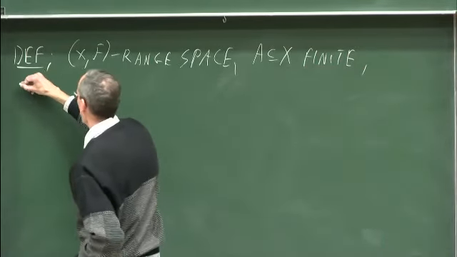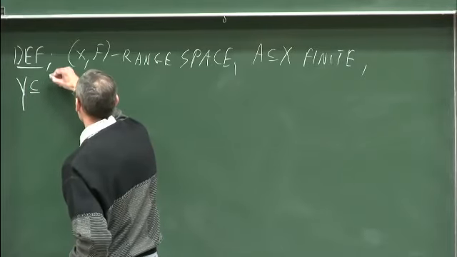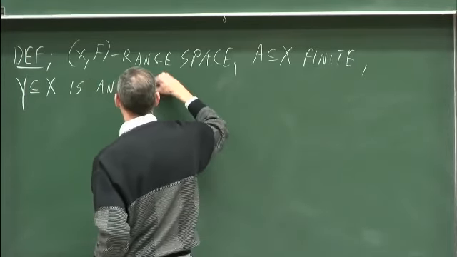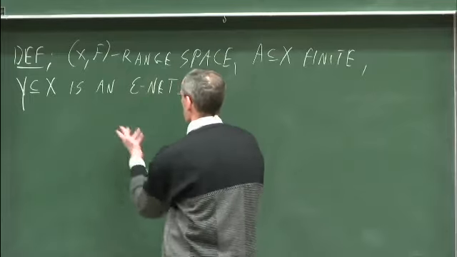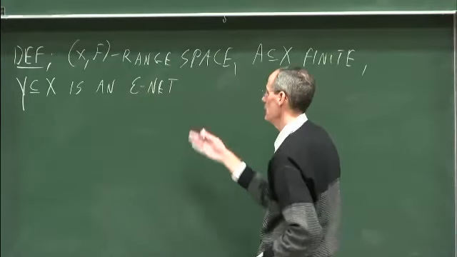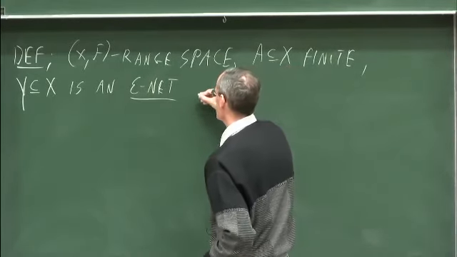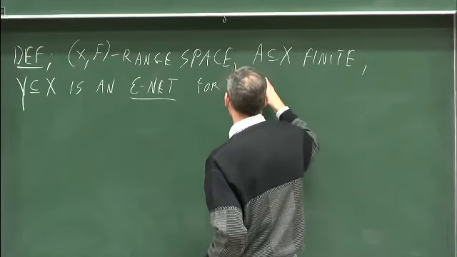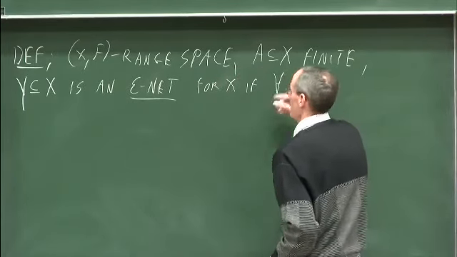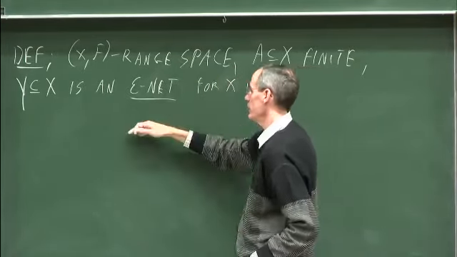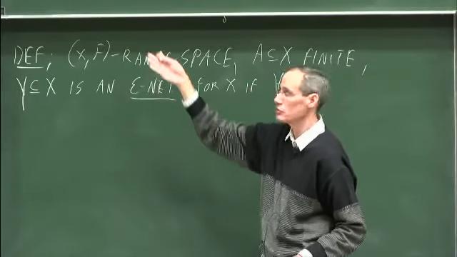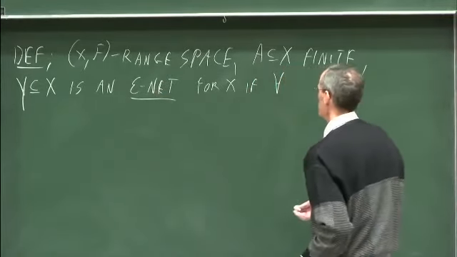Then Y, a subset of X, is an epsilon net, where we also have some small positive epsilon, if every range that contains a lot of X contains at least one point of Y. So exactly as in the example there with the triangles.